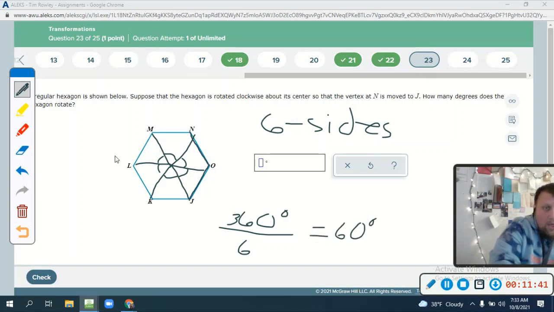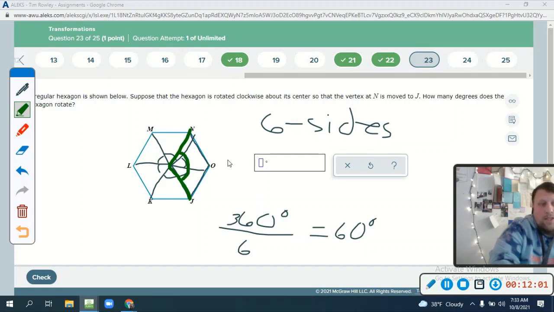Okay? So then, if I want to now know, let me get a highlighter out there. I'm going to go with green highlight. If I want to know what's the arc to go from N all the way to J, how many of those 60 degrees am I doing? I'm doing 1 60 degree, 2 60 degrees.